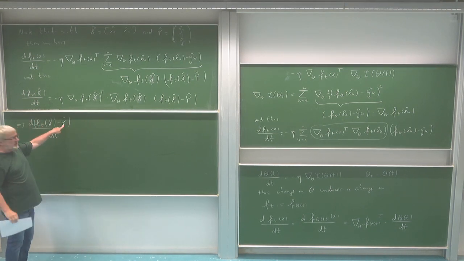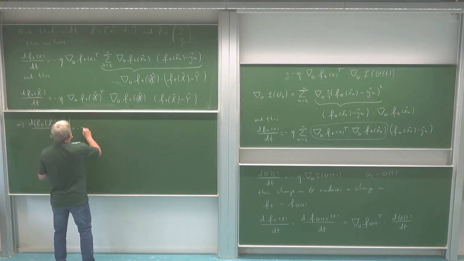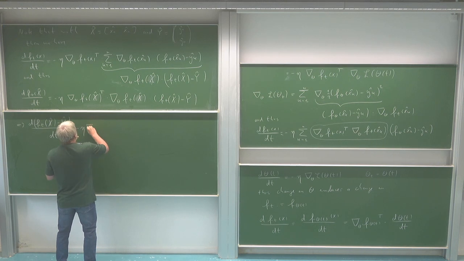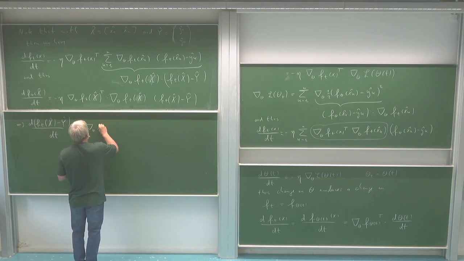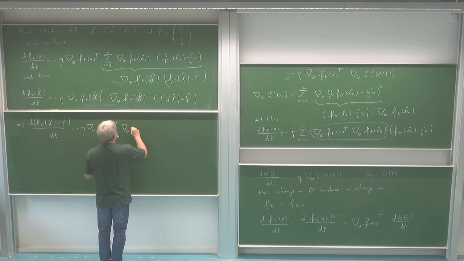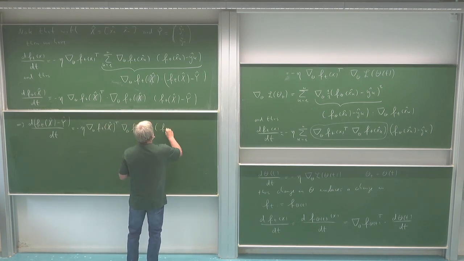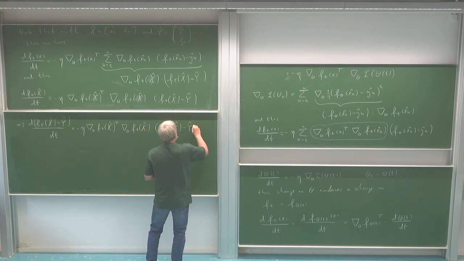This doesn't depend on time, so this is the same as this, but this was minus eta, the derivative of theta f_t of x hat transpose times this gradient of f_t of x hat, and then the whole thing is multiplied with f_t of x hat minus y hat.